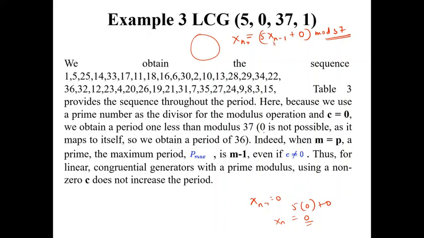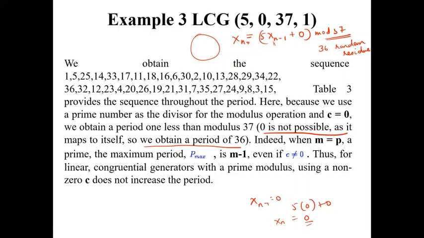So 0 is the only prohibited case in this. But if I leave out 0, I'm generating all other random residues less than 37. So I'm going to generate 36 random residues in this case, leaving out just one, that is 0, because if I have 0, it will map to itself.